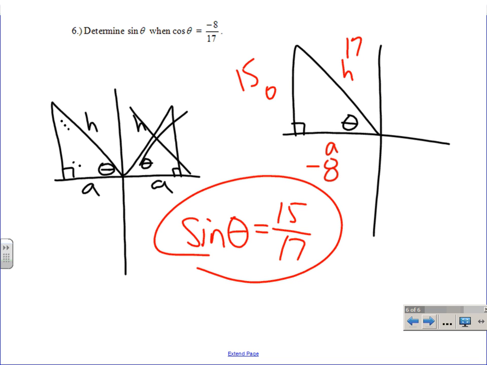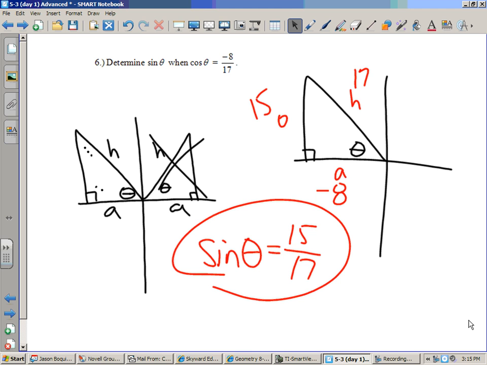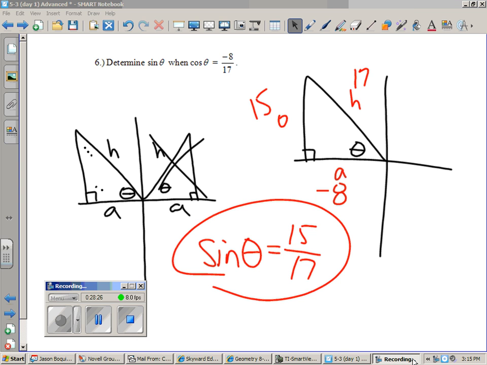Okay? So, extra credit tomorrow if you can come up with another possible solution to this problem. Any questions other than what the other solution to this problem is? You just have to think a little bit. Well done.